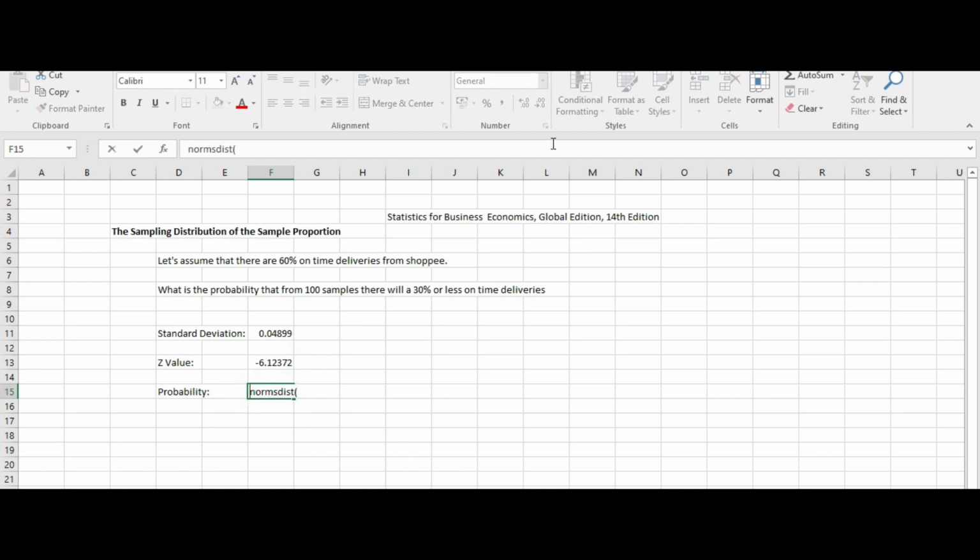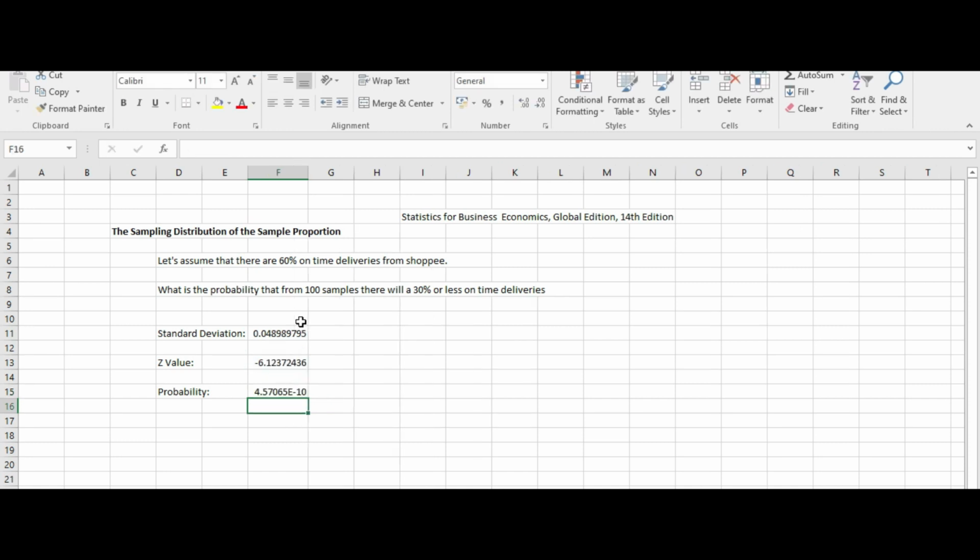I forgot to put the equal sign in front. It's 4.5 raised to negative 10. So there is 0% probability that we'll have 30% on-time deliveries from the 100 future samples.